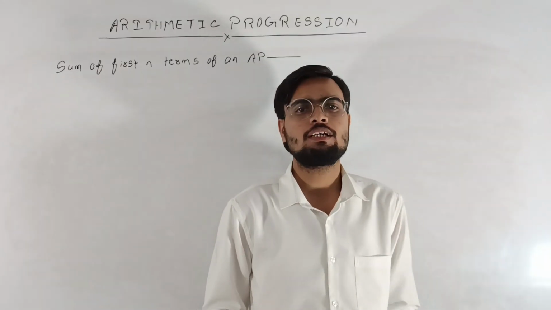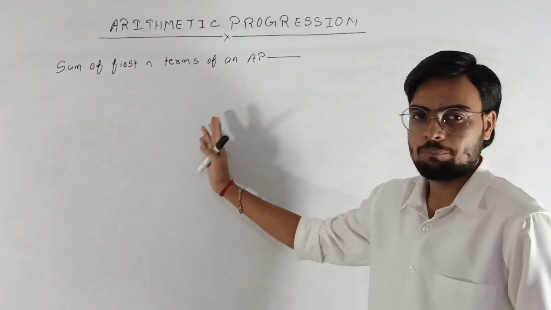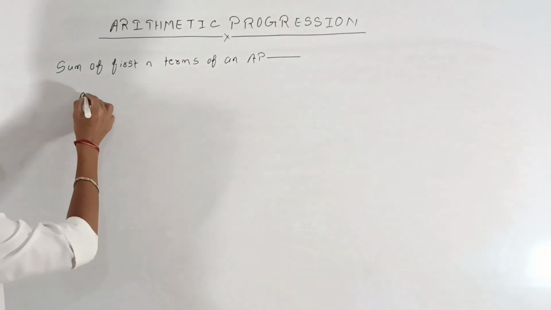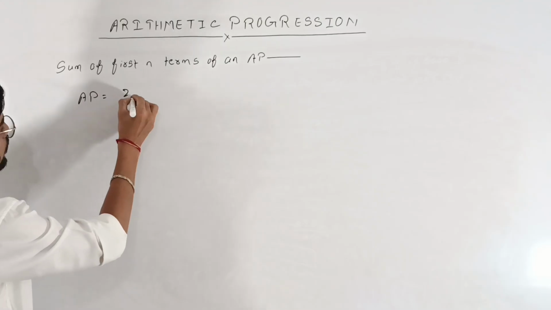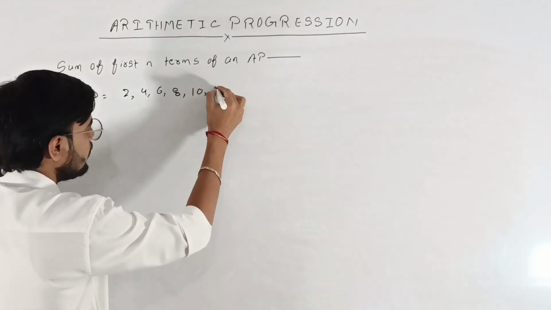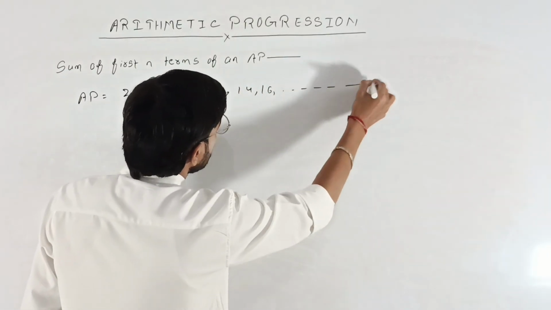Okay. Now let's move towards our next topic, that is the sum of the first n terms of an AP. Look, suppose I have an AP: 2, 4, 6, 8, 10, 12, 14, 16, and so on.